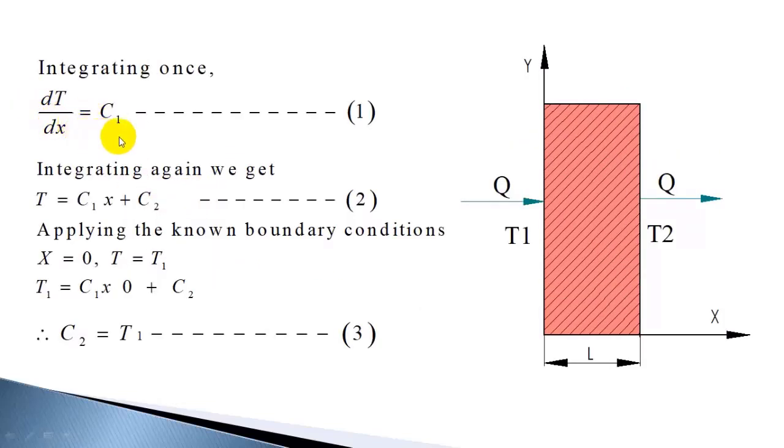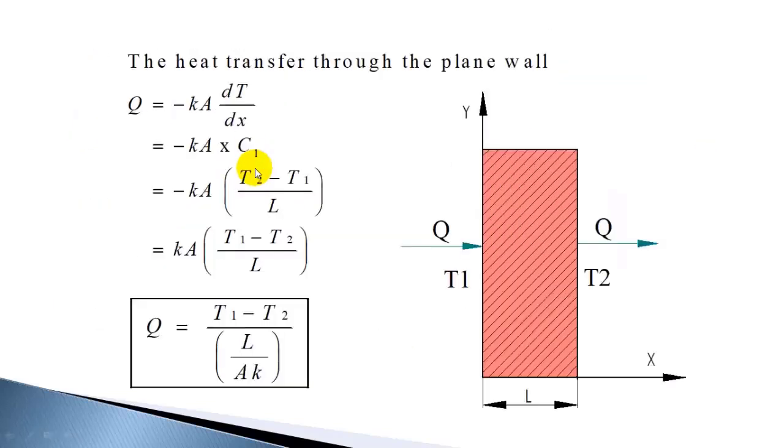So by integrating once the governing equation d square T by dx square is equal to 0, dT by dx is equal to C1. And also meantime we got C1 as T2 minus T1 by L. So we know that C1, or temperature gradient within the slab, is T2 minus T1 by L, because it's a linear variation for temperature.